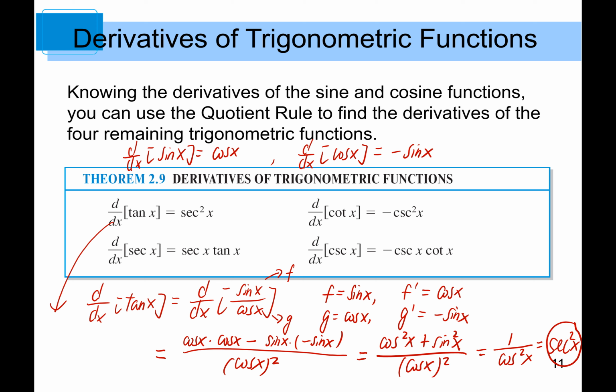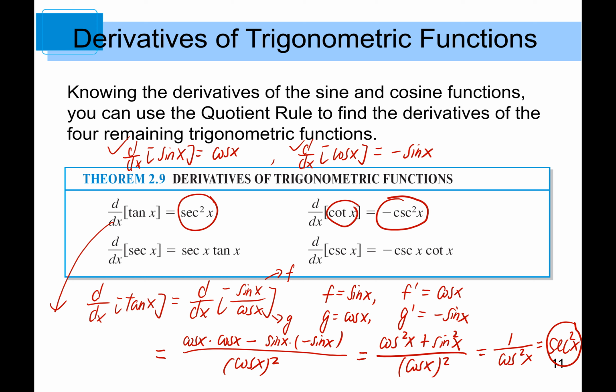Okay, so this is a quick proof of why this is true. You can also use the limit definition of the derivative to prove this, but this is probably easier. The derivative of tangent x becomes secant x squared. The derivative of cotangent x becomes negative cosecant x squared.